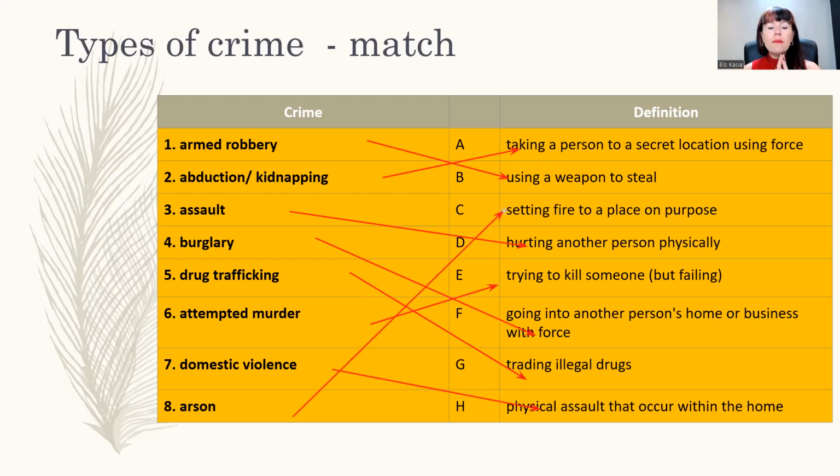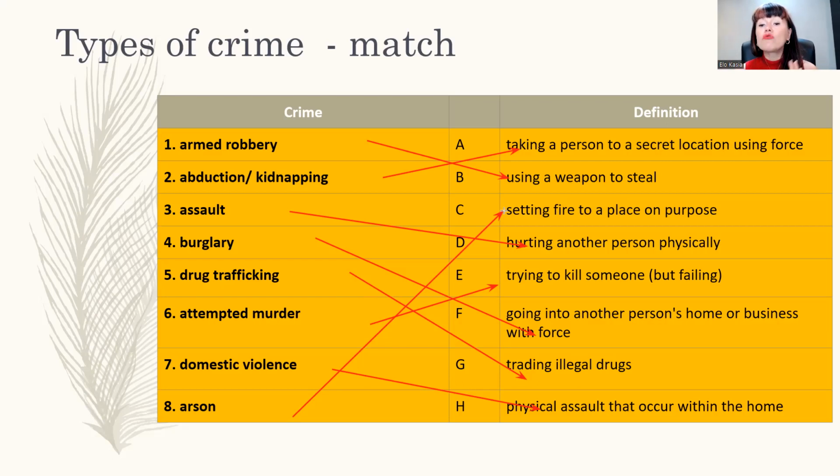So one more time, armed robbery, using a weapon to steal, yes, a gun. Abduction, kidnapping is to take somebody to a secret location using force. Assault is to hurt somebody. Burglary is to go into another person's home or business with force, so to break into somebody else's property.